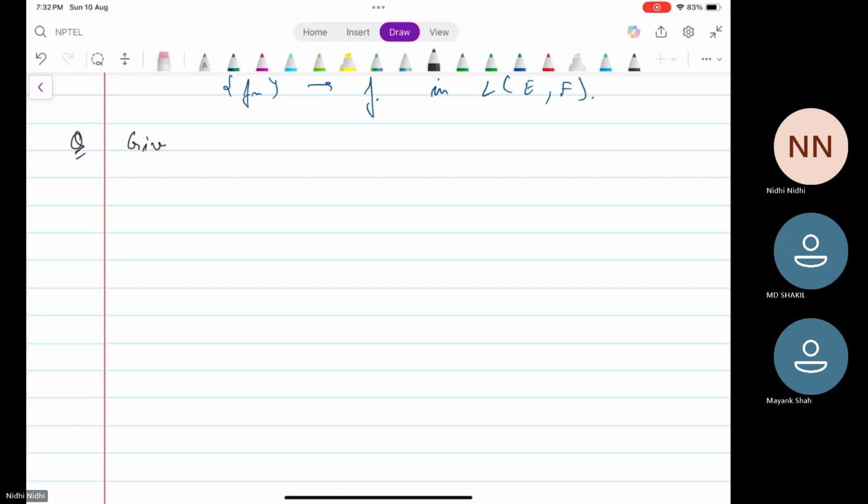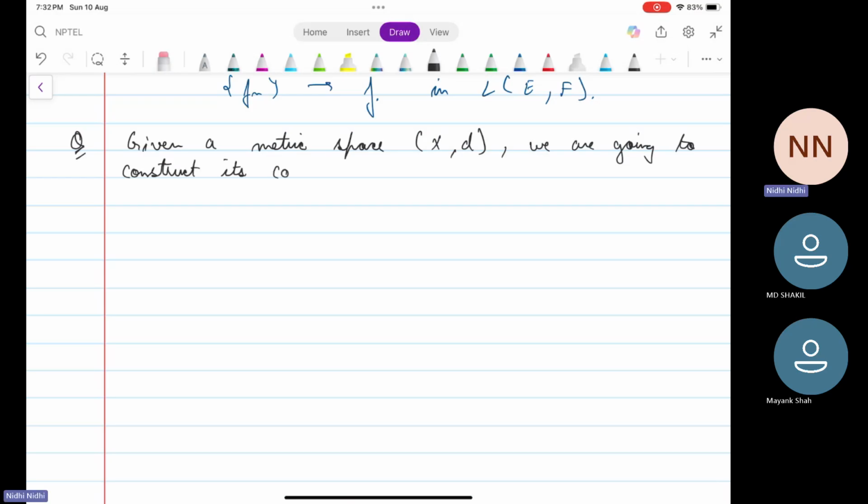Given a metric space (X, d), we are going to construct its completion, X star.